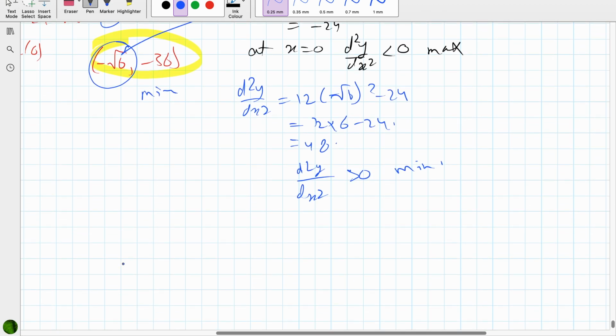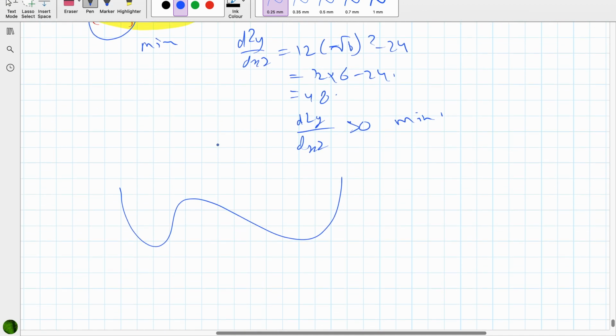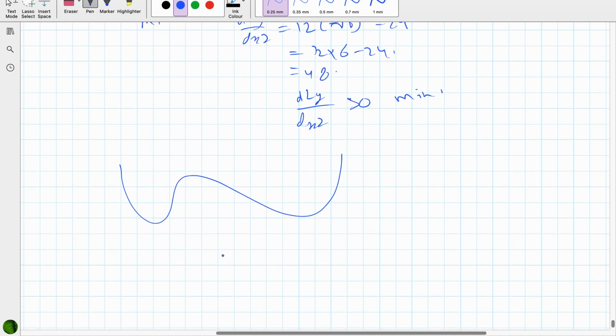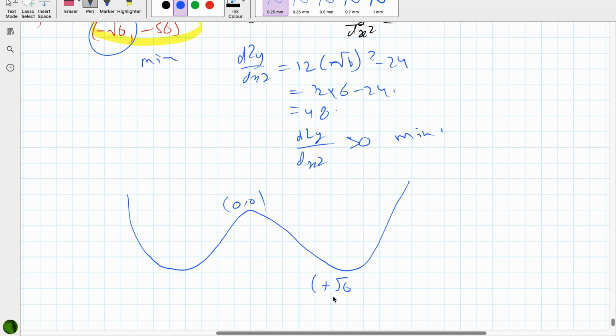If I try to draw it a little neater, you will have this value (0, 0). This is the x to the power 4 graph. So (0, 0), (positive square root 6, negative 36), and (negative square root 6, negative 36).